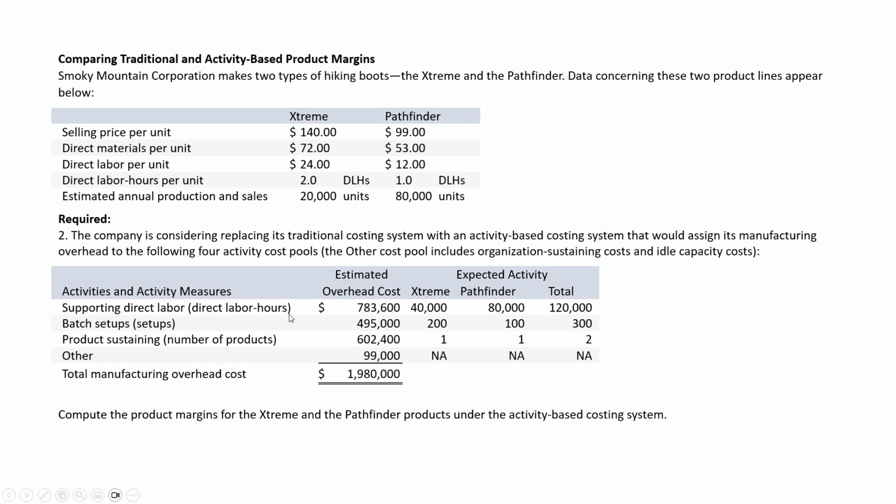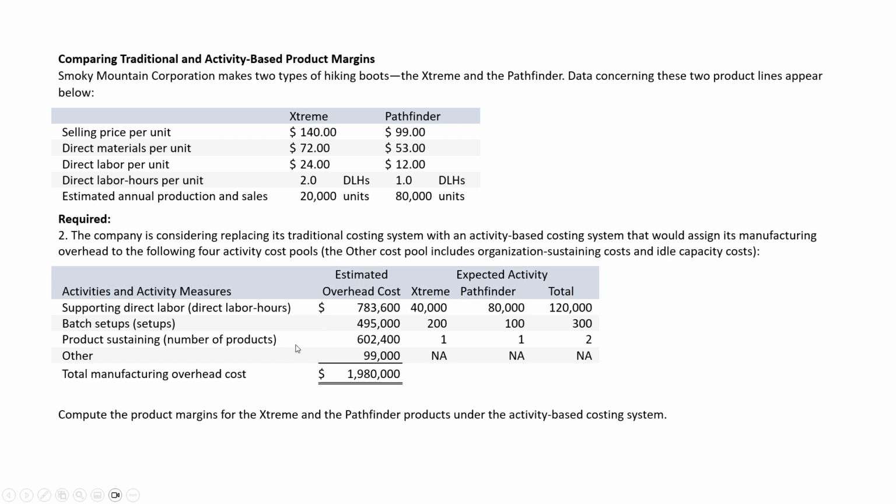They've identified 4 activity pools as part of manufacturing overhead. Supporting direct labor, based on direct labor hours, is estimated at $783,600, and they've given us the expected activity for that. Batch setups, $495,000 of that $1,980,000, relate to it, and they've identified the number of setups.